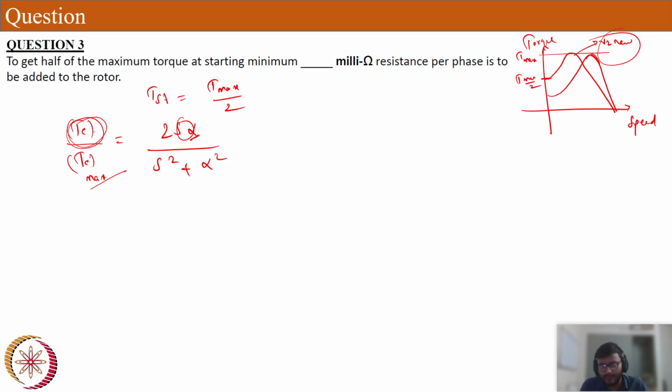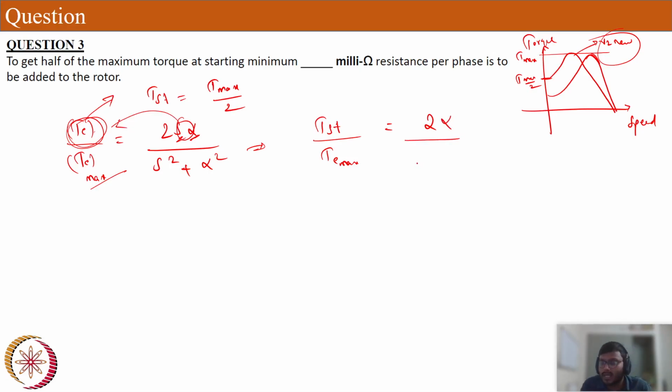Now this is the relation we know, and from this relation, replace TE with starting torque. Now T_st by T_e max is equal to 2 times, now S is equal to 1. The slip at which starting torque occurs is 1.